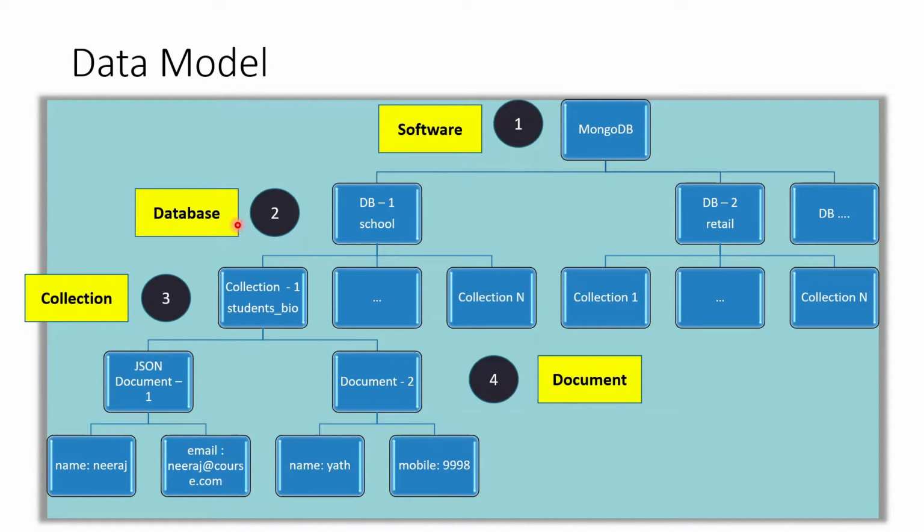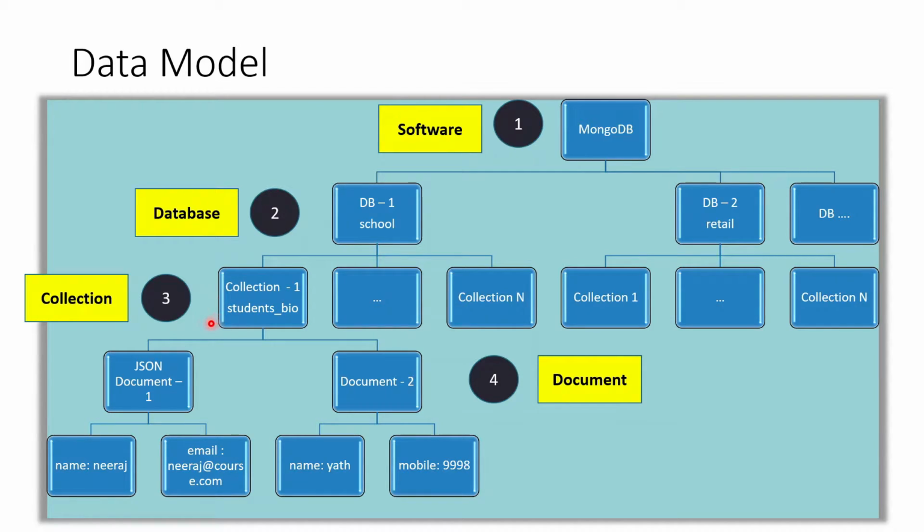Now after this database, what comes next? Inside a database come collections. You can say that a collection corresponds to a table in RDBMS. So here a database is a collection of multiple collections.